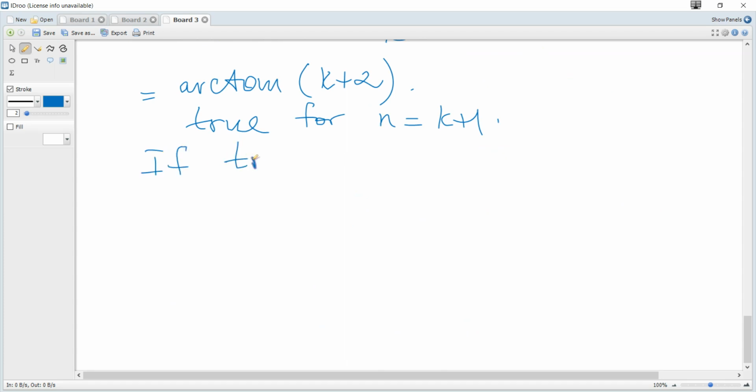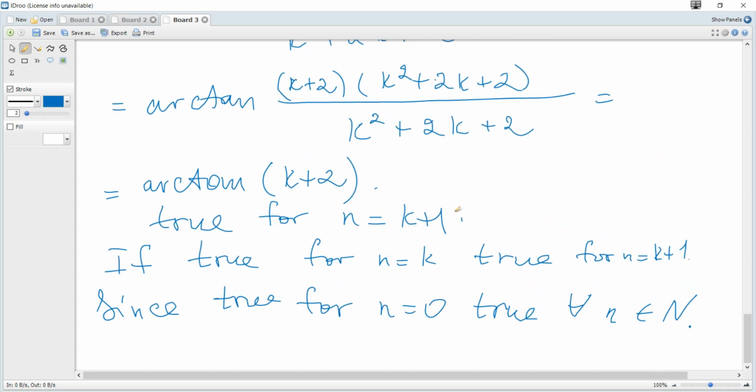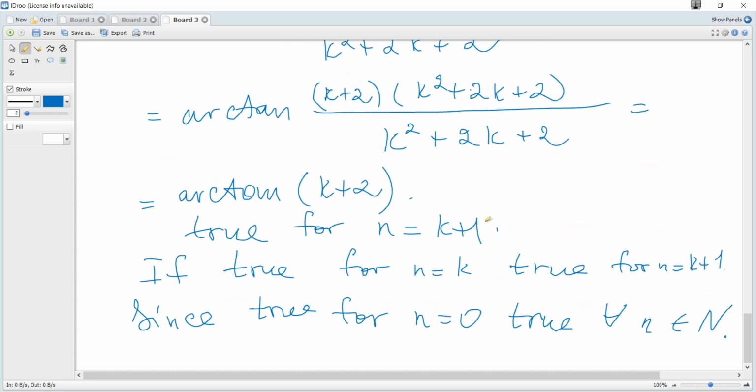If true for n is k, true for n is k plus 1. Since true for n is 0, true for any n is natural. And that's all for this question.